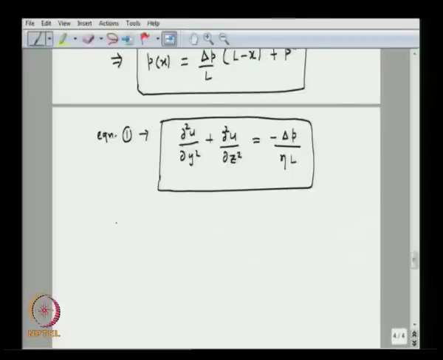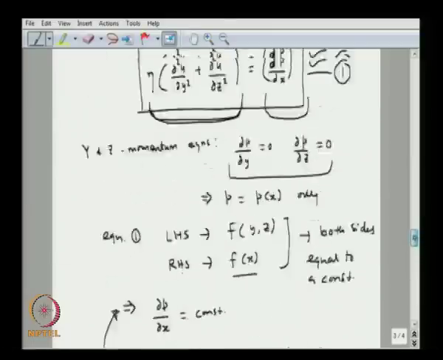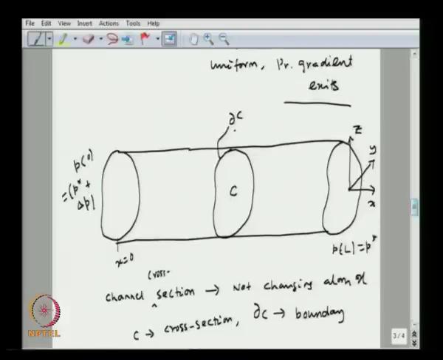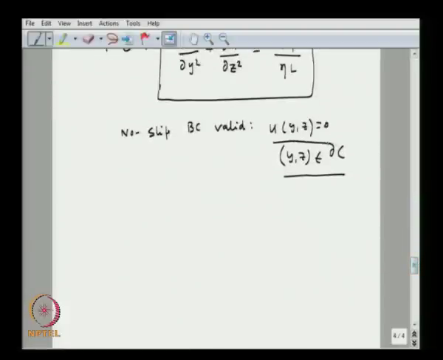So, here we can say that the no slip boundary condition is valid: u of y, z equal to 0 when y, z belong to delta c. So, when y, z lie on the boundary, which we said here delta c is the boundary, the velocity is going to be 0, that is the no slip boundary condition.